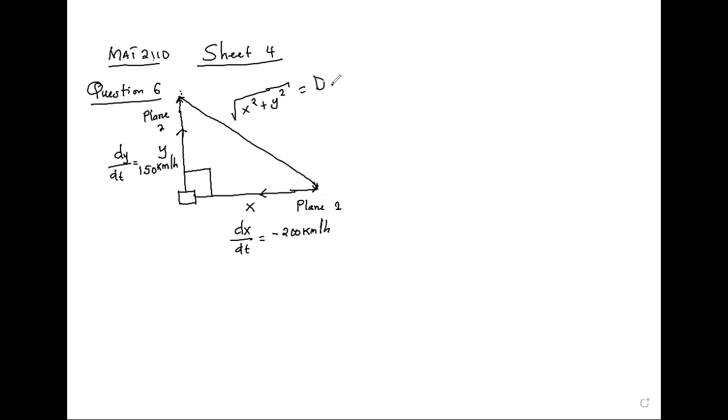Because you're given the distance, the distance that you're talking about is going to be this guy, which I like writing this way in derivatives because it's easy to differentiate like that.